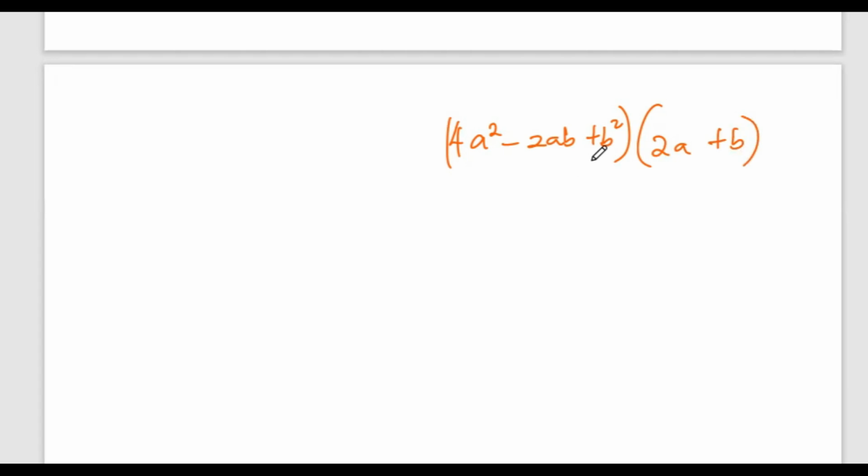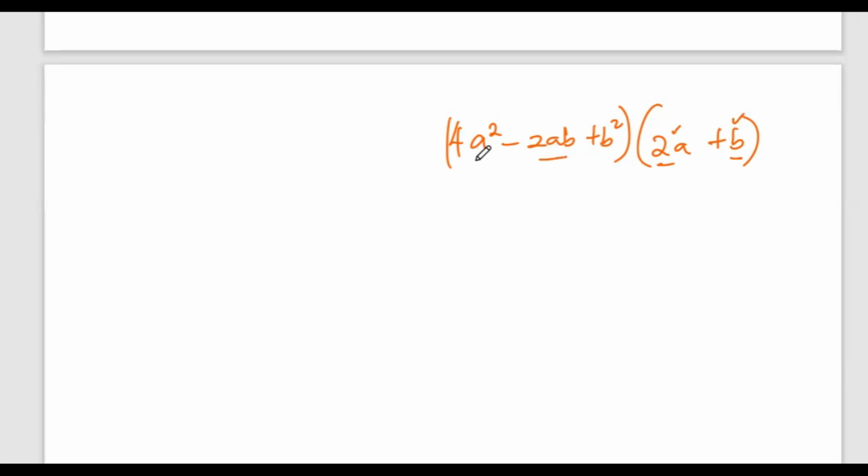So, by just looking at this, someone can just get a conclusion and say this is the sum of 2 cubes. Because this is 2a plus b. When I square this, I get 4a squared. When I multiply this and this, I get a 2ab. When I square that, I get b squared.